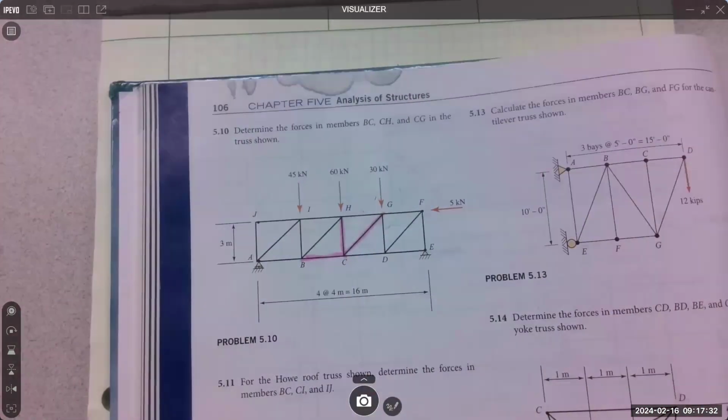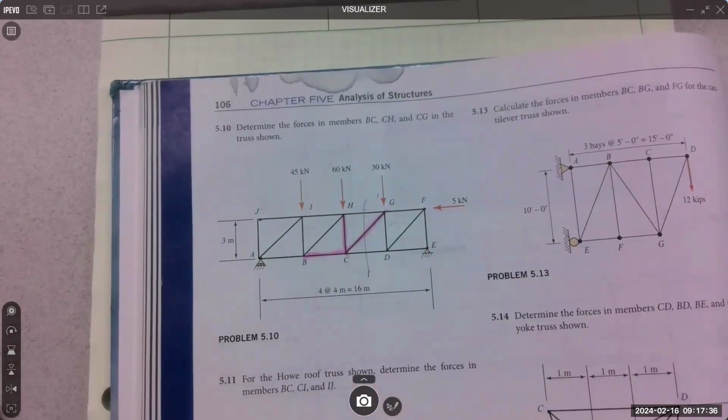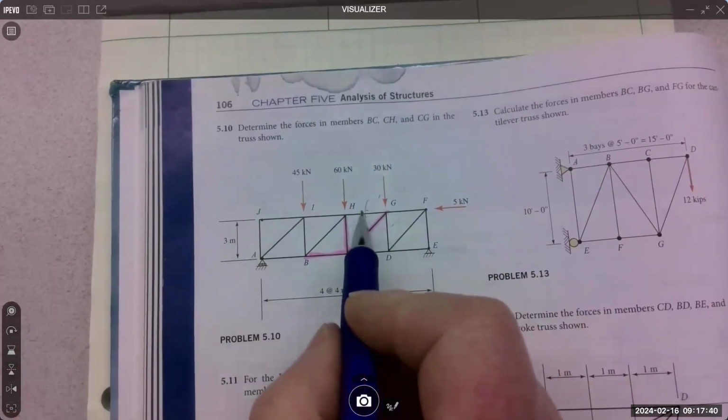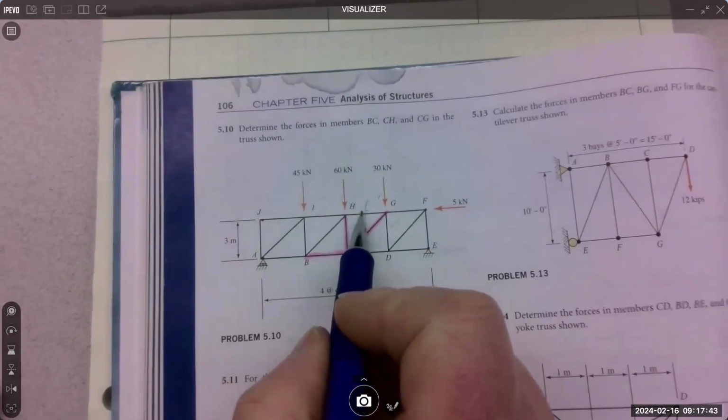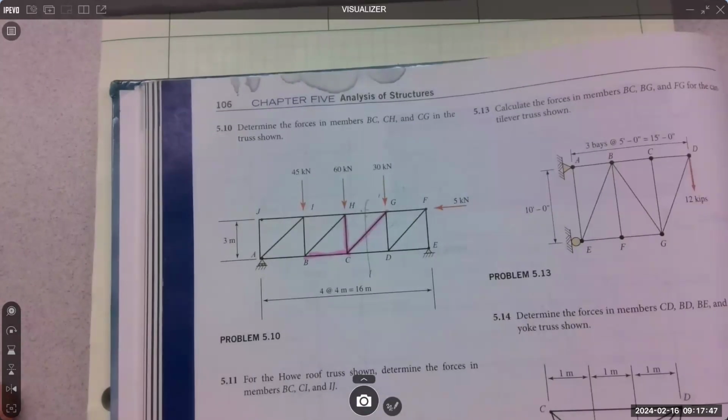So now you're going to put it back together, and now you're going to cut again. So we just use the value of HG that you found. But what I'm saying is, that value is still just half of the actual number, right? Does that make sense? It's the force in the member. Okay, it's the total force. Yeah, it's the total force, for sure.